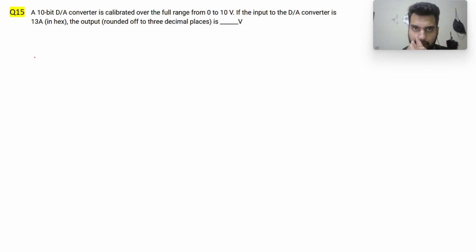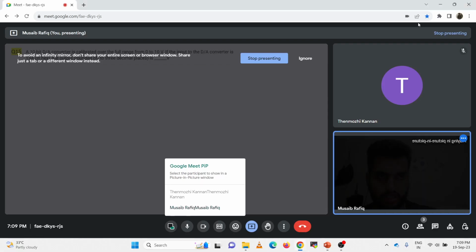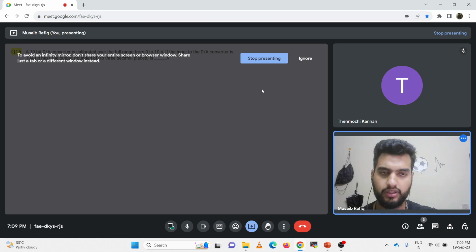You are given a 10-bit DAC and the full scale output voltage range. You need to figure out the output of the DAC if the input is 13A in the hexadecimal system. Just try it. It's simple. You have tried these types of questions in the past, so you'll be able to do it.